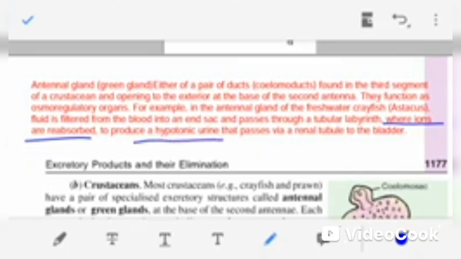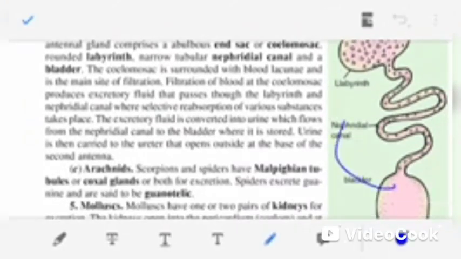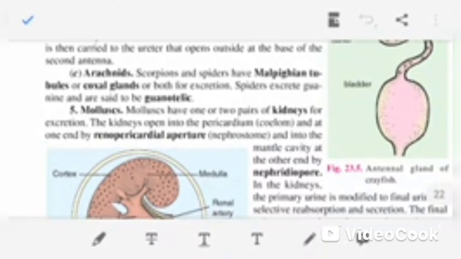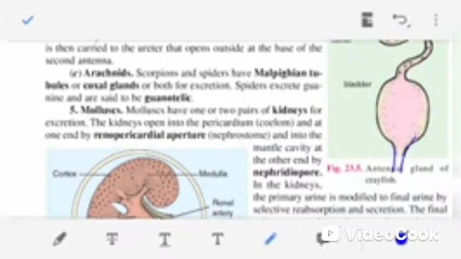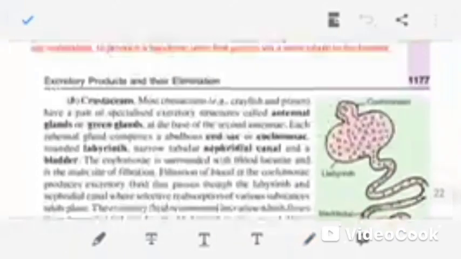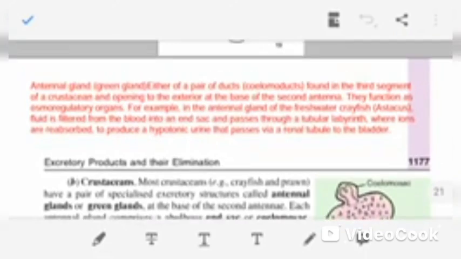This urine passes through the renal tubule, also known as the nephridial canal, and enters the bladder. From the bladder, urine enters the ureter, and through a pore at the base of the second antenna, the urine is expelled out of the body.